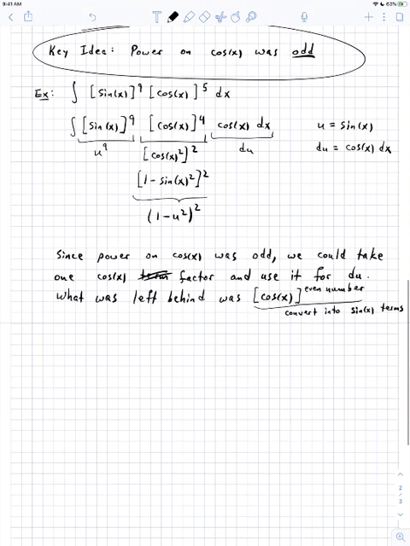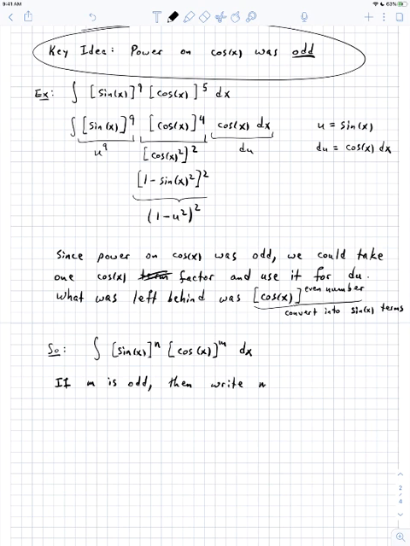So anytime you have an integral, if you have sine x raised to some number, which I think we were using n here, and then cosine x raised to m dx. So if m is odd, then write m as 2k plus 1. 2k is always even, so if you add 1 to it, it's always going to be odd.